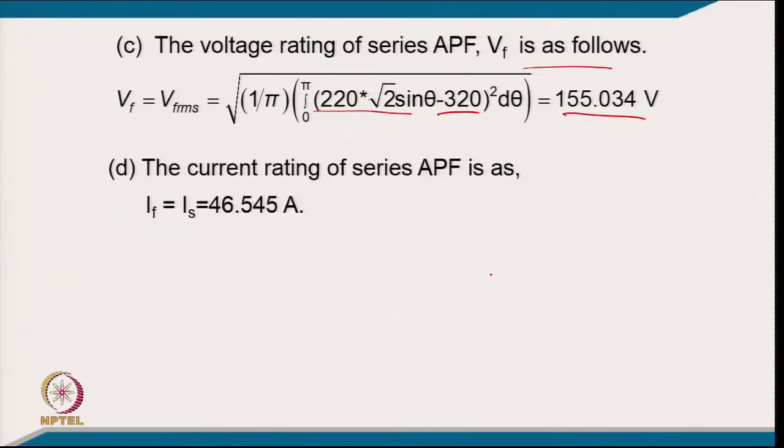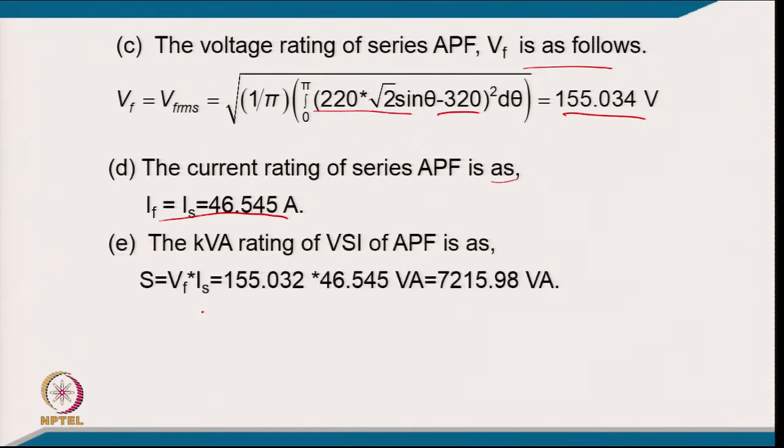Now the current rating of the series active filter is typically the same as the supply current and load current, 46.545 ampere, and the VA rating of the series active filter will be VF into IF. Keeping the values of both, it comes to 7215.98 VA.